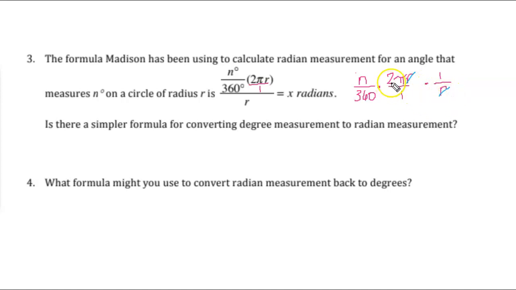So that's useful. I also notice that 2 and 360 can simplify. 2 is a common factor there, and so we can factor out the 2, and the 2's will divide and become 1. And so we can take whatever the angle measure, n was our degrees, if you recall, and if we have our n degrees and we multiply it times pi over 180, that's going to equal x amount of radians.